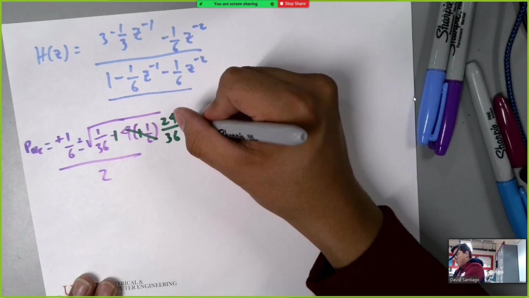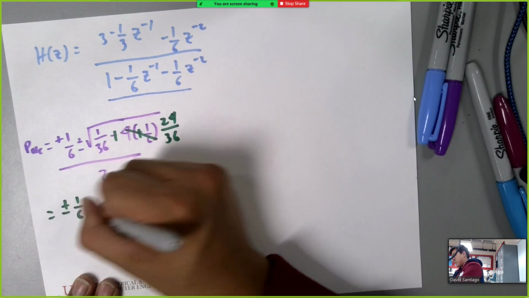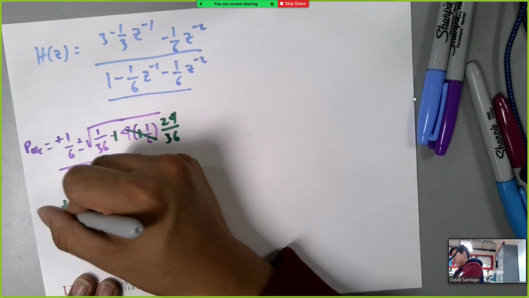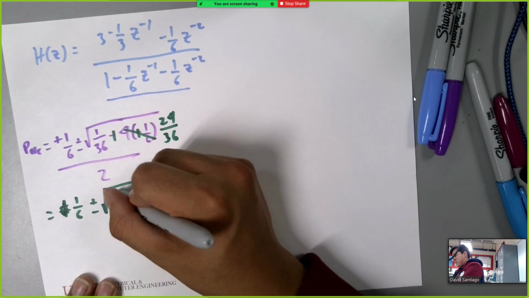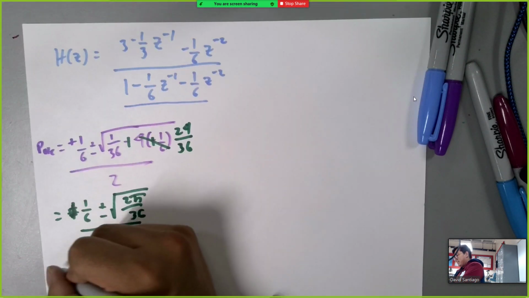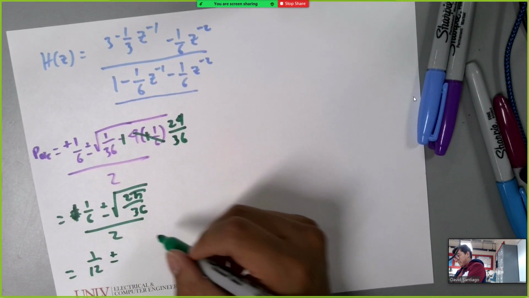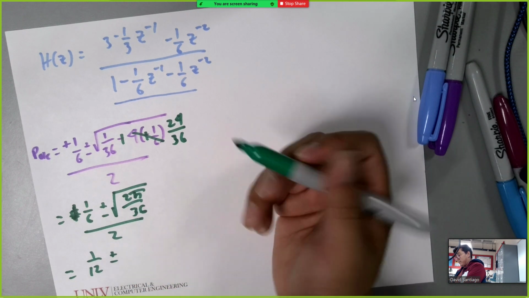That means you're gonna get 25 over 36 under the square root, by 2, which is going to give you 1 over 12 plus or minus, well, what's the square root of 25 and the square root of 36?